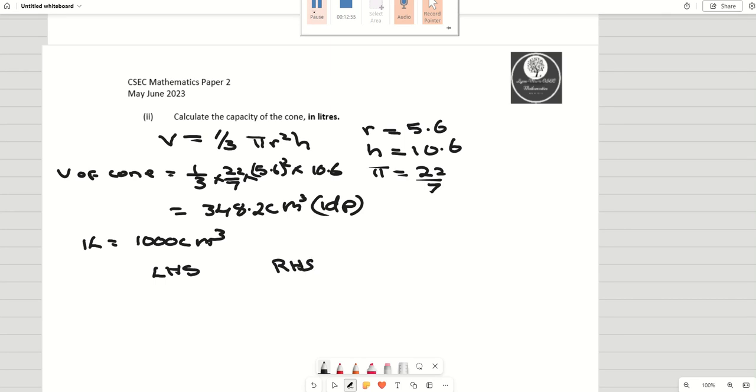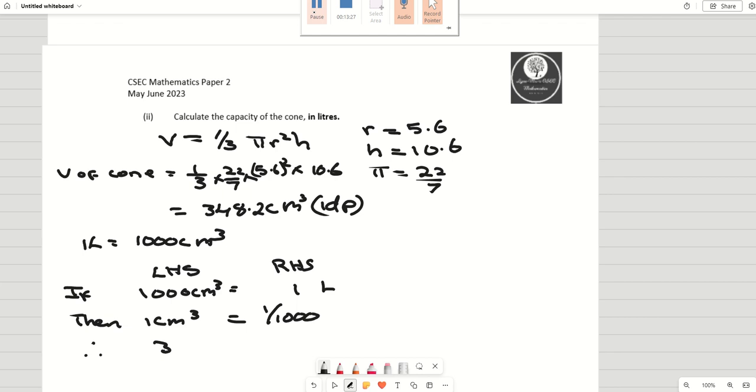Right hand side is what we're trying to find, so it's in liters. The first line is what we know. If 1,000 cm cubed is equal to 1 liter, then 1 cm cubed would be your right hand side divided by left hand side, which is 1 over 1,000. And we want to know how much is 348.2.